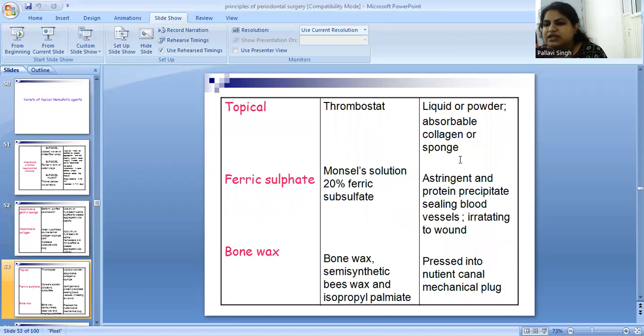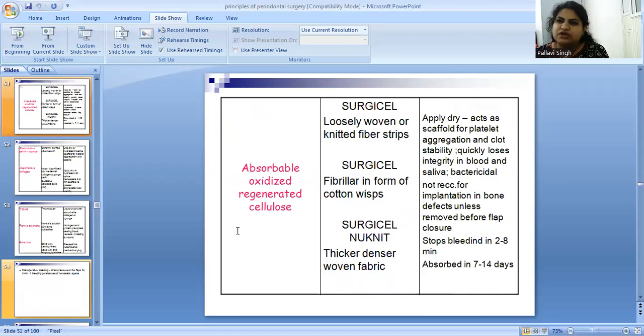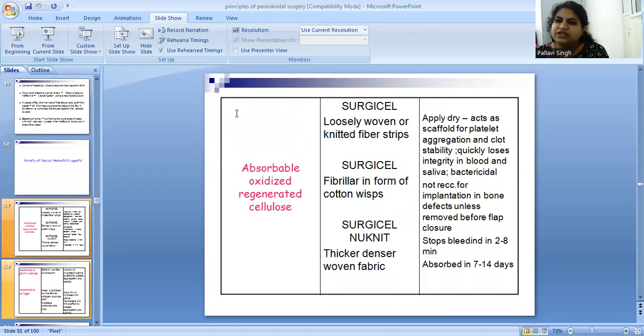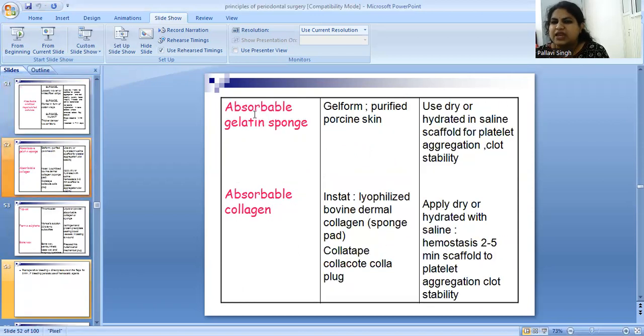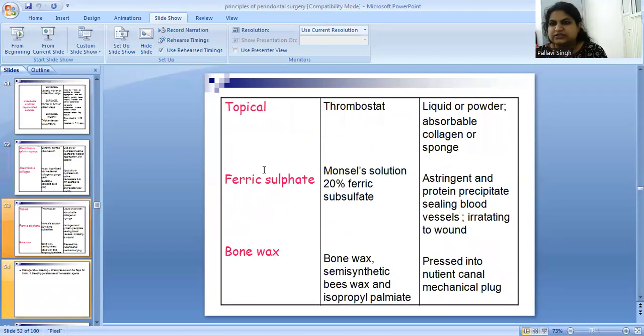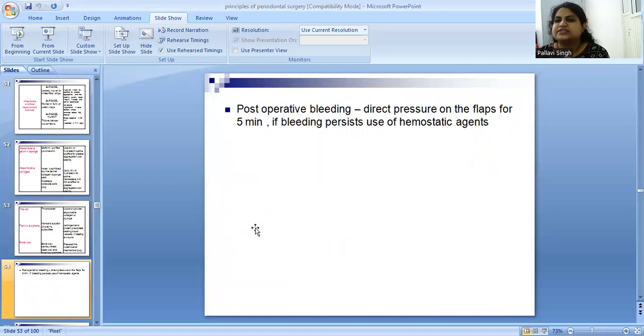Bone wax, semi-synthetic, beeswax and isopropyl palmitate, pressed into the nutrient canal, and it forms basically a mechanical plug. These are the topical agents which we can use for the control of bleeding: absorbable oxidized regenerated cellulose, then absorbable gelatin sponge, absorbable collagen, topical ferric sulfate, and bone wax.